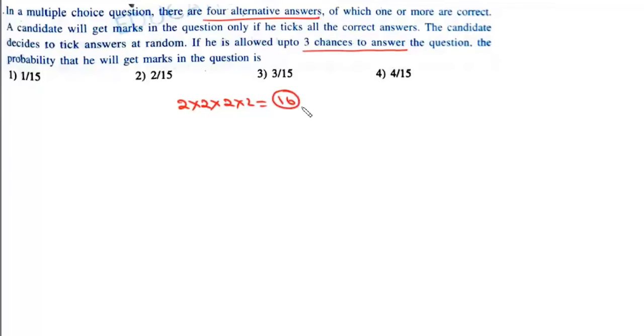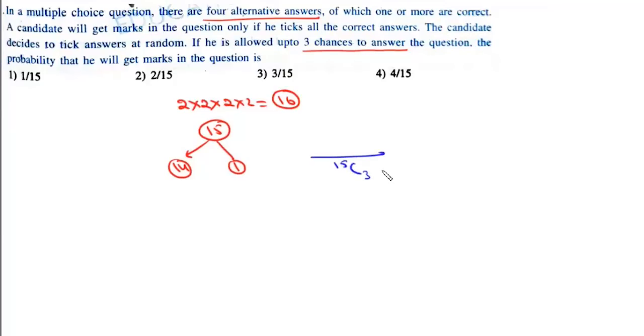But then there is one choice when none of the answers is correct, which is not possible, so it should have at least one answer. So the total choices we have here is 15. Now out of these 15, we have 14 wrong choices and 1 correct choice. So from these 15, he can try any 3.